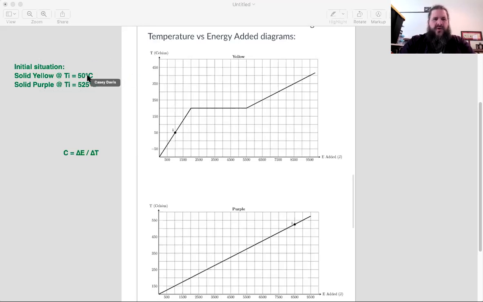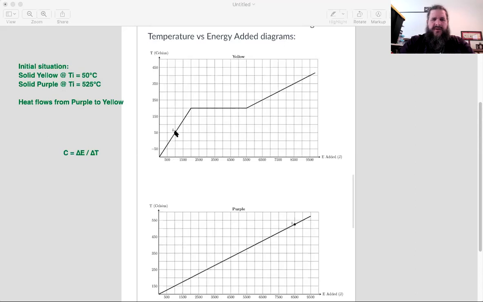If we've got this cold solid yellow and hot solid purple, which way is energy going to flow? Yeah, heat flows from purple to yellow because heat flows from hot to cold. So the yellow is going to be gaining energy and the purple is going to be losing energy.